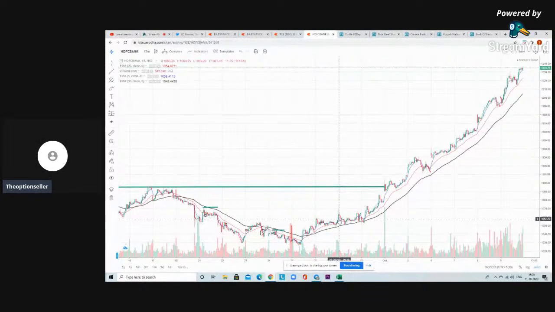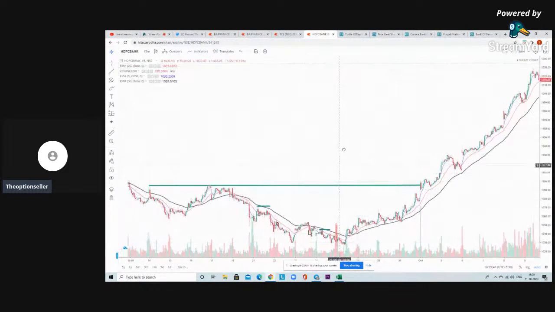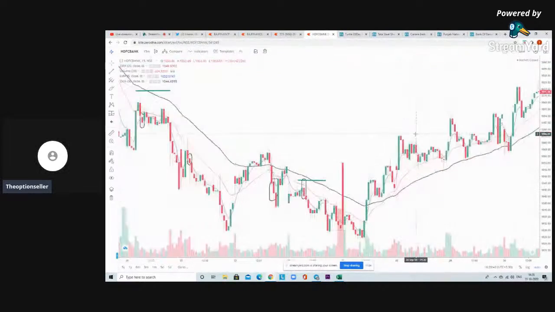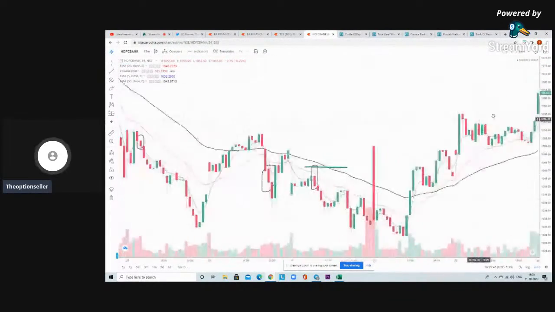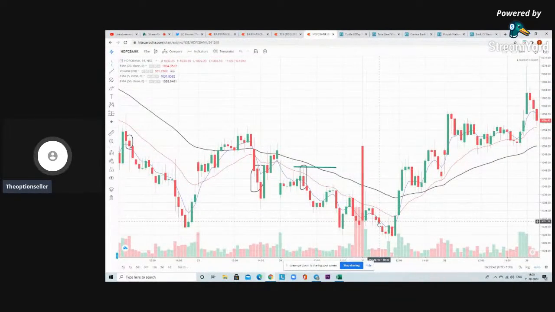So 1055 is here. Again on this day, we are still in short. So we take a short trade here, but it kind of hits our stop loss. Our stop loss was here.